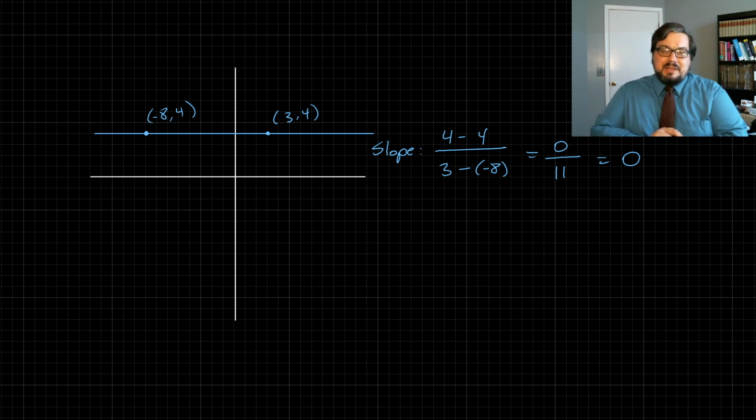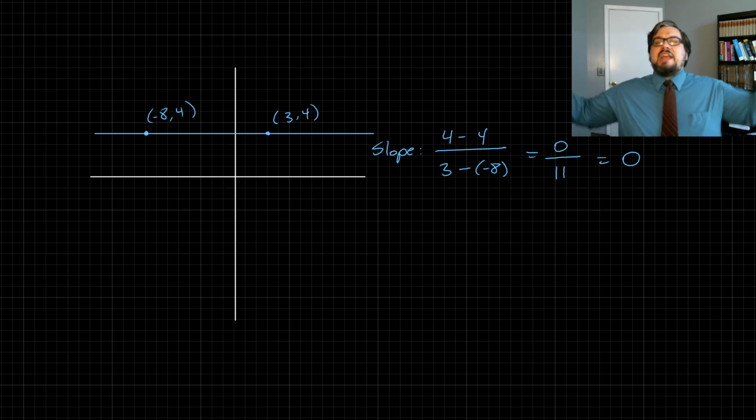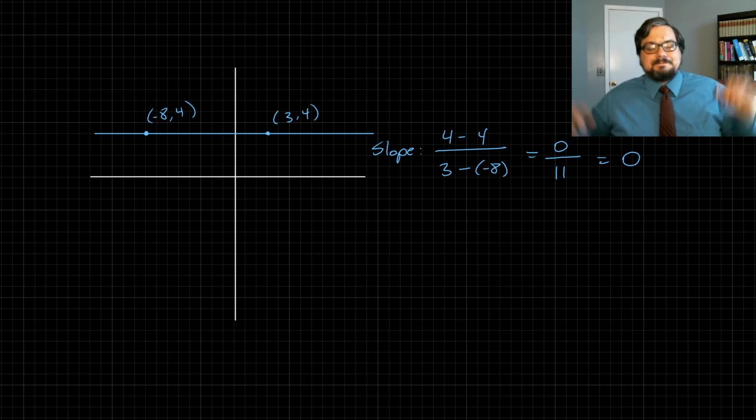The slope is supposed to measure how much the y values change as you change the x values and move along the line. Well, if the line is horizontal, that means that the y values don't change at all as you move from left to right along the line. That means that no matter what change in x you get, the change in y is always 0, which means that to find your change in y, you take your change in x and multiply it by 0.